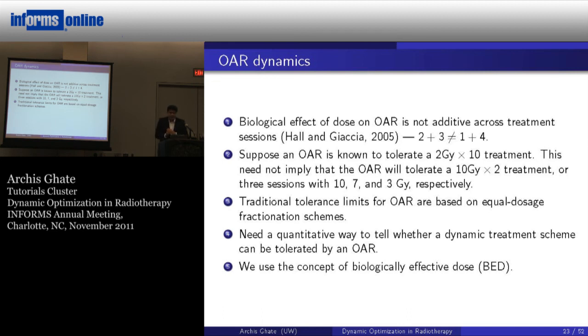And so on. The other complication is that when somebody says that this particular organ at risk, so let us say the spinal cord, can tolerate 45 gray of dose, typically I believe they have some kind of a fractionation scheme in their mind. Meaning, for example, let's take an even number, so let's take 44, right?